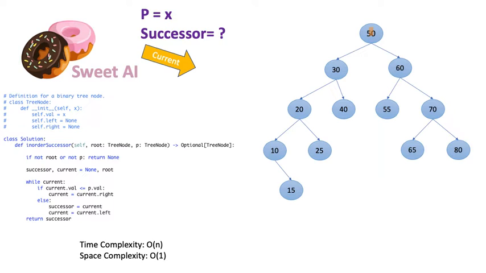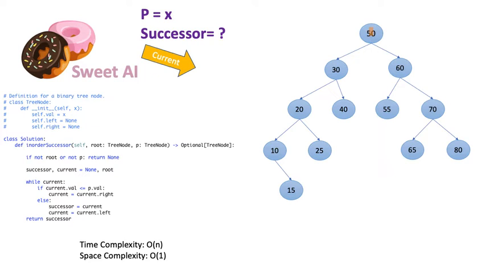And you might say, okay, we find p's value this way, but how about the successor? When we are traversing the binary search tree, we keep track of the successor, and this is how we know what the successor is after finding p's value.